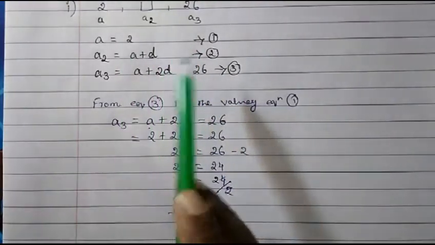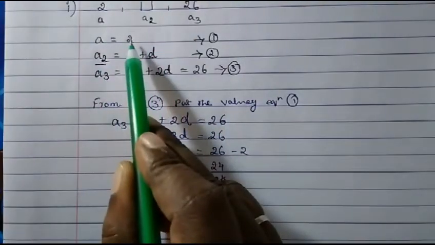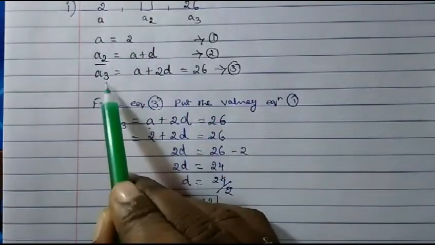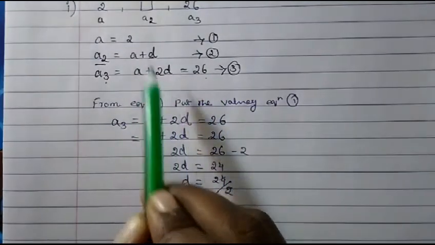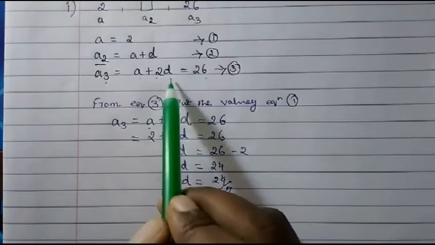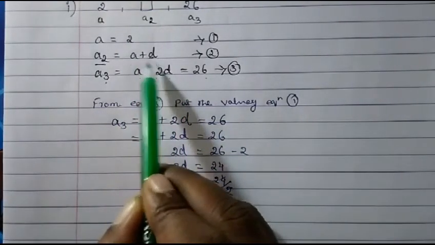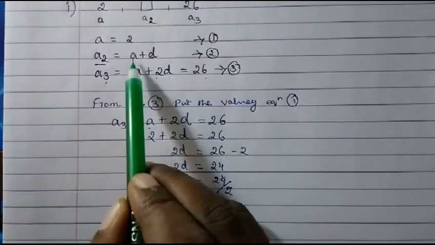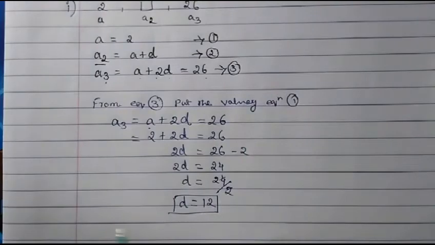Here we have to find A2, right? We knew the A value and the A3 value. In equation 3, we put the A value and got the D value. Once we got the D value, we put it here, and A we already know. So when you add, you will get the A2 value. That's what we are going to do.